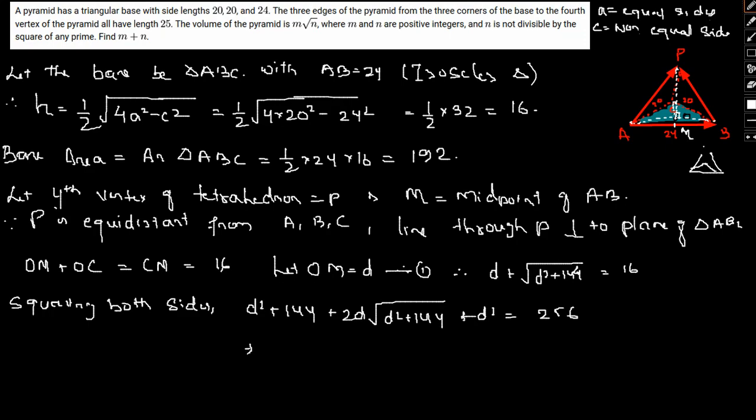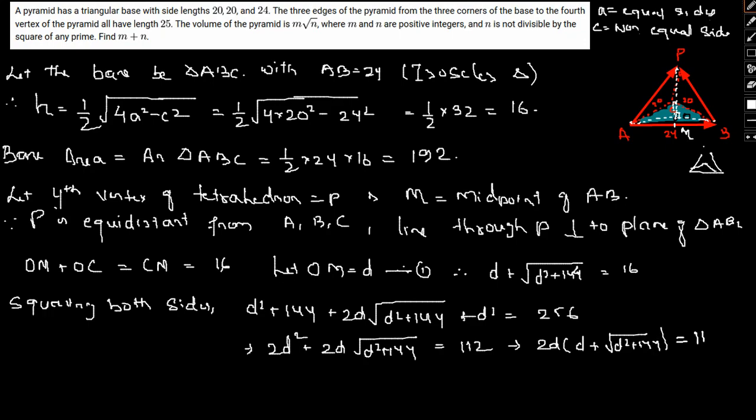Simplifying, we have 2d into d square plus 144 equal to 112. Taking 2d as common, we have d plus root under d square plus 144 equal to 112.